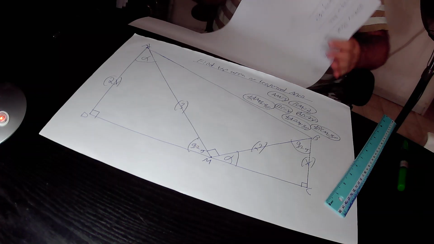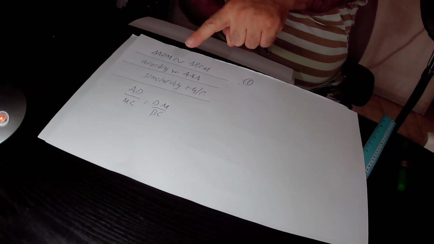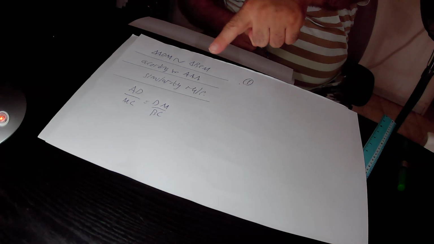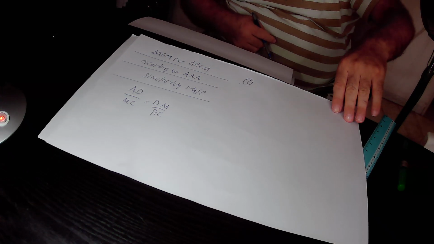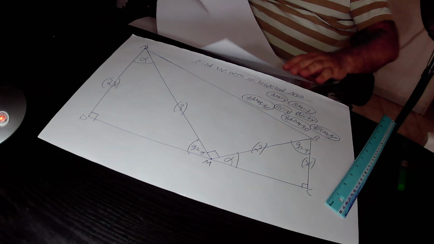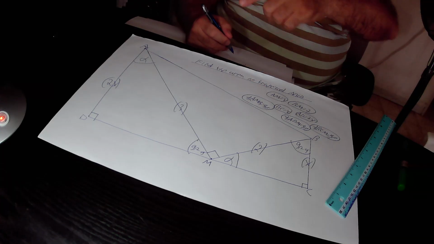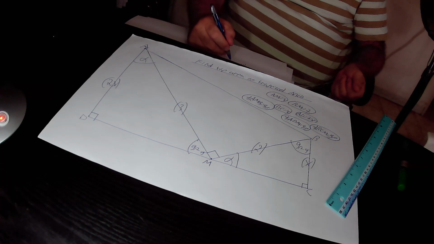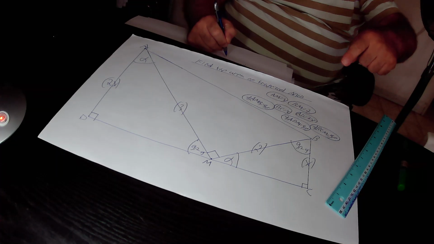And again, we know that side AD of the big right triangle ADM over side MC of the small right triangle BCM equals side DM of the big right triangle ADM over side BC of the small right triangle BCM. And it is also equal to side AM of the right big triangle ADM over side BM of the right small triangle BCM.